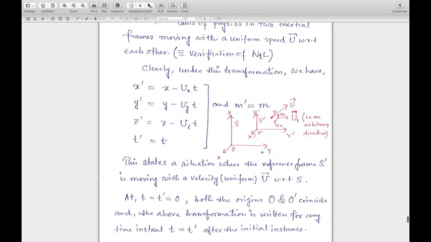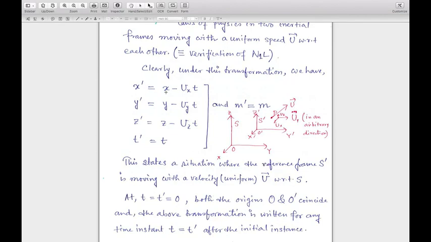Now under this transformation, if you just think of two reference frames whose origins coincide at the initial instant, but after that one is moving, for example the prime coordinates are moving in this direction with a velocity u, then their coordinates would be simply related by this equation.